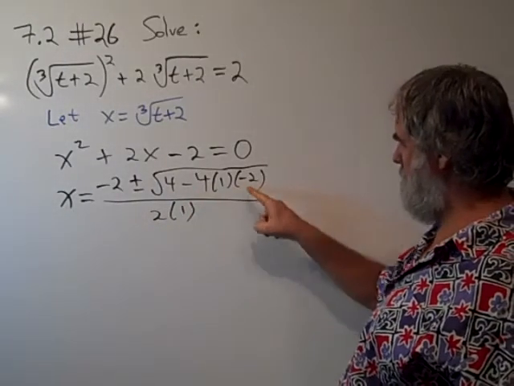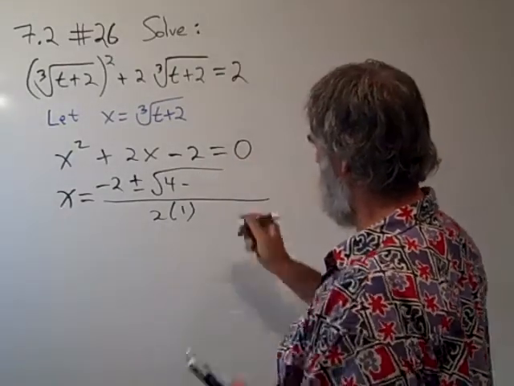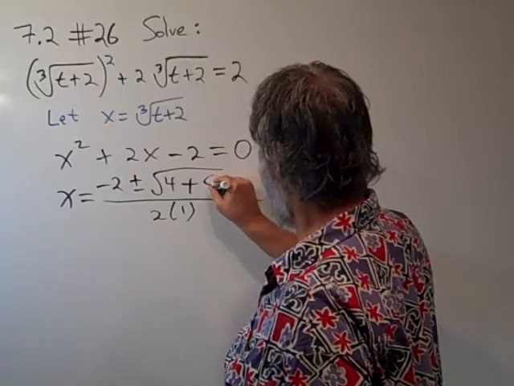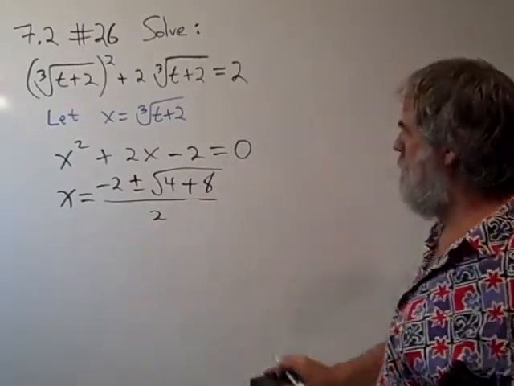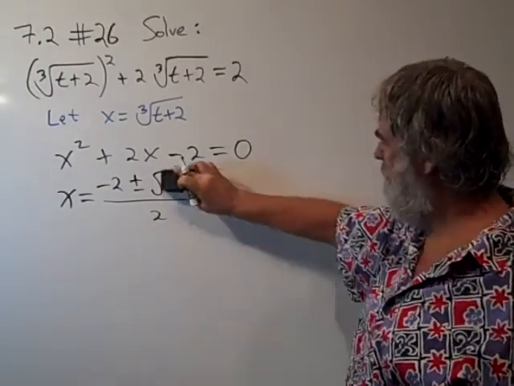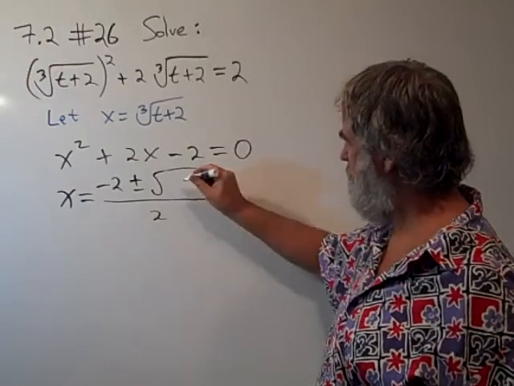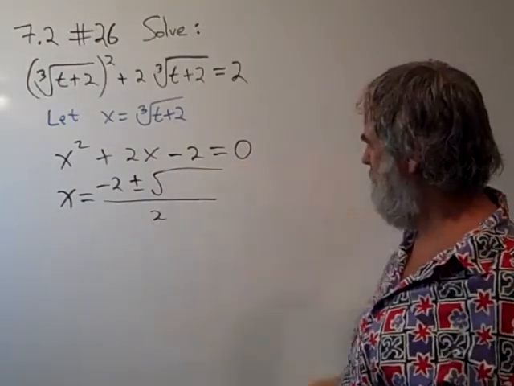This is negative 4 times negative 2, which is positive 8. Downstairs, 2 times 1 is 2. 8 plus 4 is 12. 12 is equal to 4 times 3.